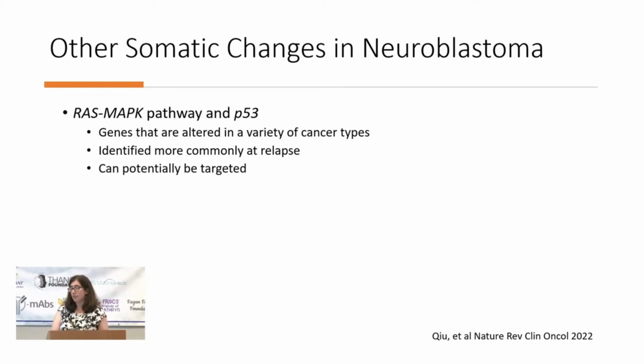Some of these genetic alterations have specific drugs that can target those pathways, so we have those potential down the road to utilize, but these are much less common in our neuroblastoma patients compared to other tumor types. These can also potentially be identified more often in the setting of recurrent neuroblastoma, so we don't as often identify these up front if we're looking at the sequence of the DNA in tumors at diagnosis, but may find them later on with tumors that have relapsed.